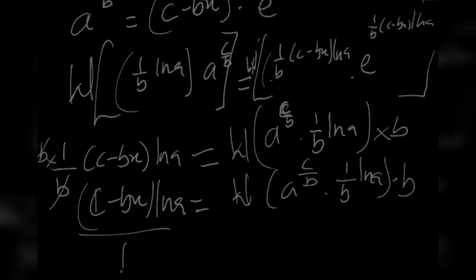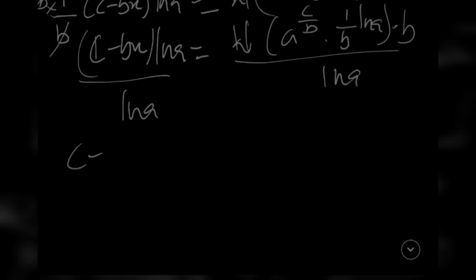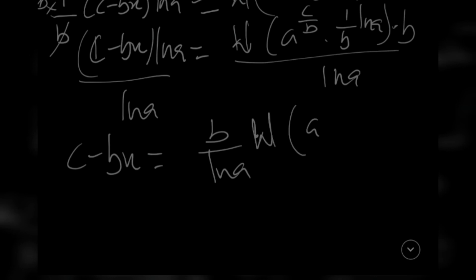You can divide through by natural log of a also, so we get c minus bx equals b over natural log of a multiplying W of a raised to the power c over b, 1 over b natural log of a.